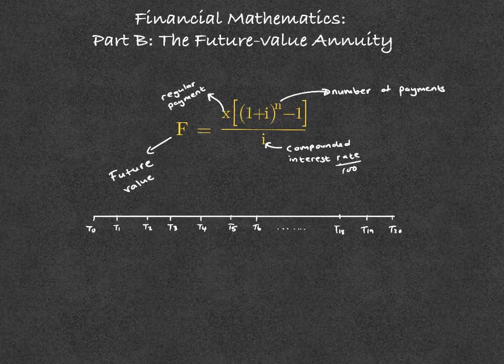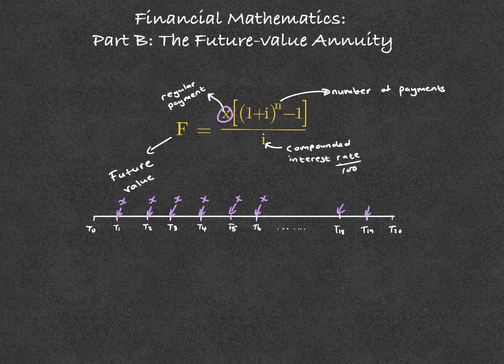What's happening now is, and the default is one time period from the present, you are making regular payments into this annuity. So X, you keep on making these regular payments into the annuity.